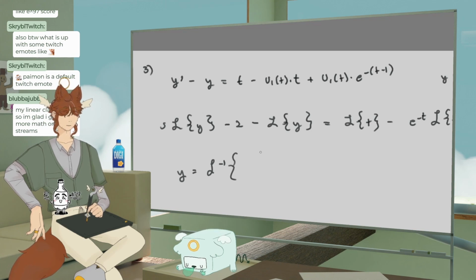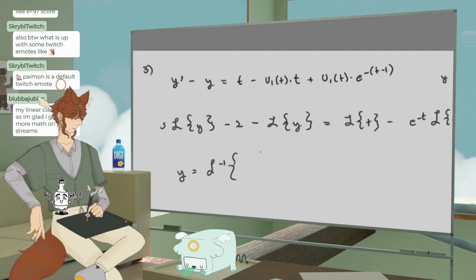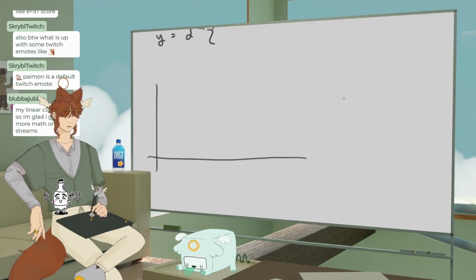One of the cool things we were talking about is the reason why we use Laplace transforms to solve engineering differential equations, like electrical and mechanical. One of the systems that we model with differential equations is a spring mass damper system.